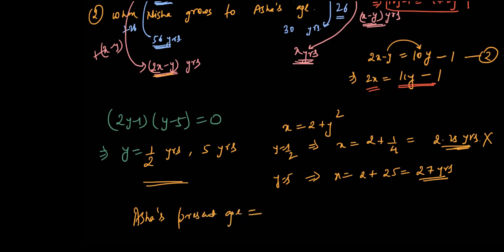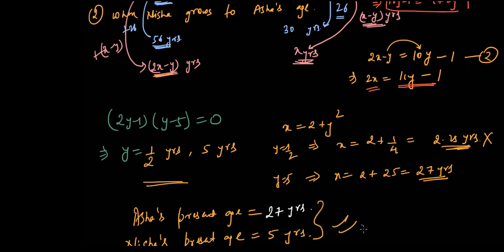Can you tell me what is the present age of Asha? We just got it here. Asha's present age is 27 years, and Nisha, who is the daughter of Asha, Nisha's present age is nothing but 5 years, which is a solution to our problem.